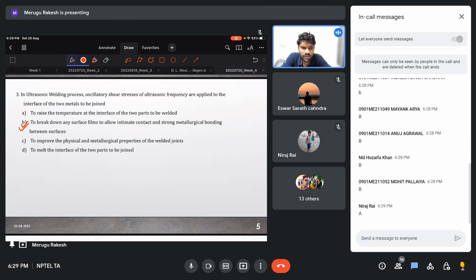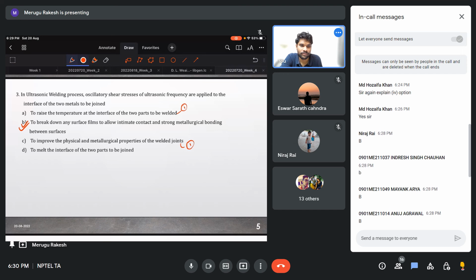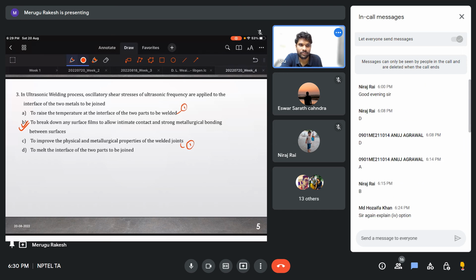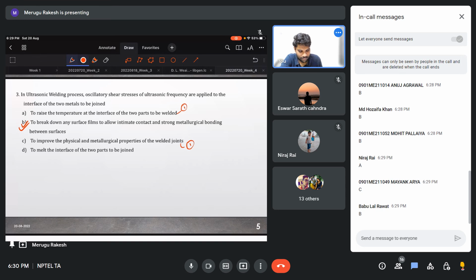There is one answer, option A. Okay, we'll keep it. Option A also one. Some changed their mind, I think. Option C. So A, B, C. Nice. It is good to see all the options, but there is only one correct option.